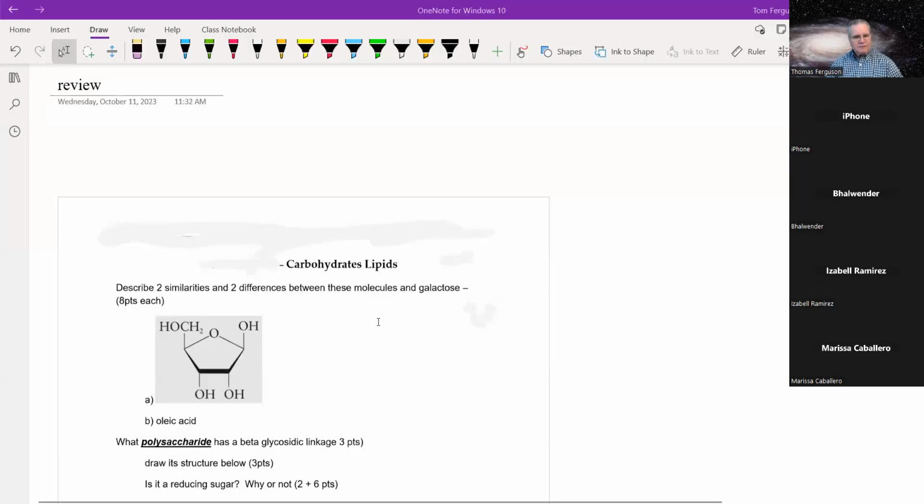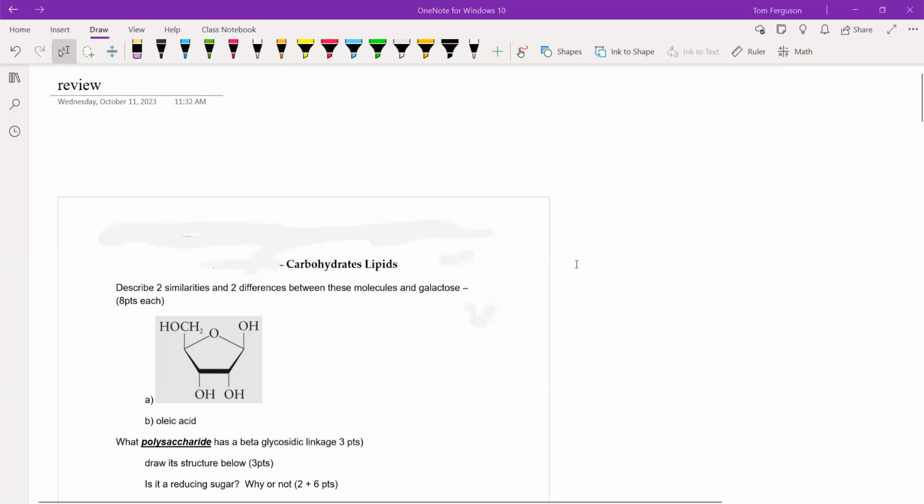Okay, what I'm going to go over today is this old test. Now this is only on carbohydrates. So there is a companion version on carboxylic acids and lipids.